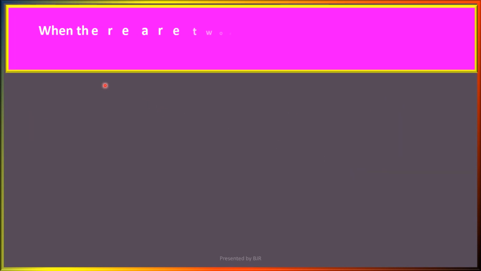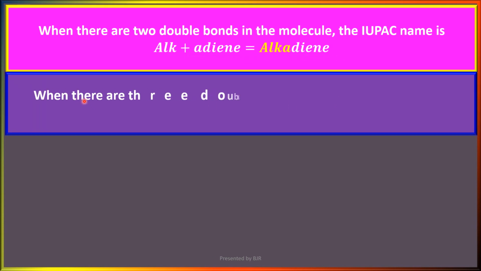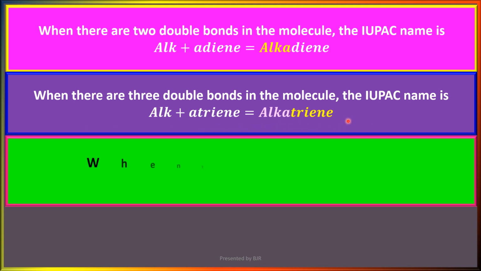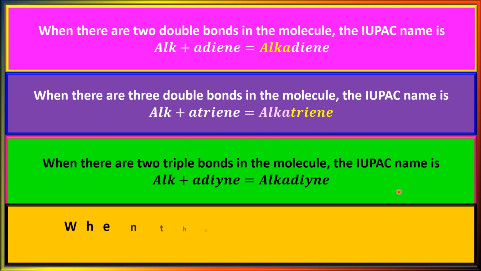Here we need to remember some points. When there are 2 double bonds in the molecule, the IUPAC name is alk plus adiene, alkadiene. When there are 3 double bonds, the IUPAC name is alk plus atriene, alkatriene. Next, when there are 2 triple bonds in the molecule, the IUPAC name is alk plus adiyne, alkadiyne.